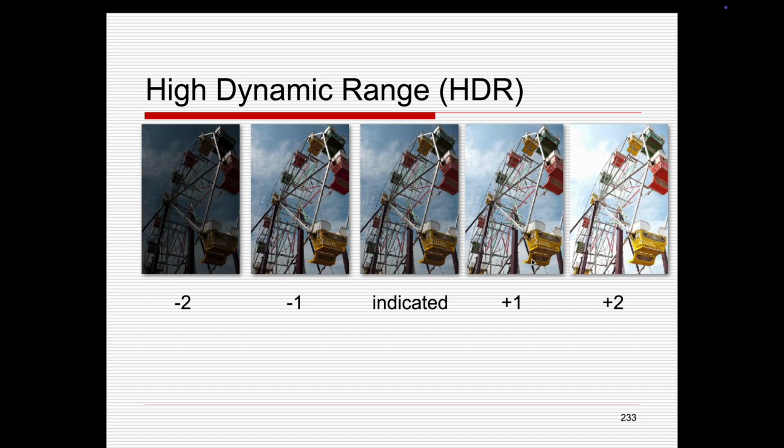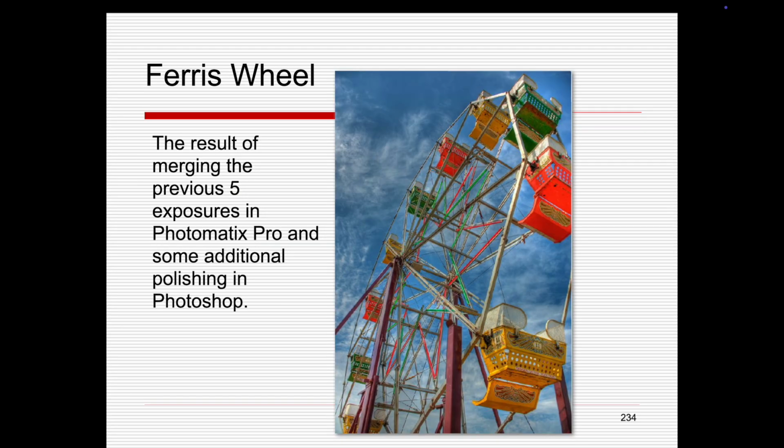We're seeing the bottoms of the carriages, and 2 under really opens all the shadows up. When I bring these files into Photomatix Pro, it shows up like this. This is the result of merging the previous 5 exposures into Photomatix Pro with a little additional polishing in Photoshop.